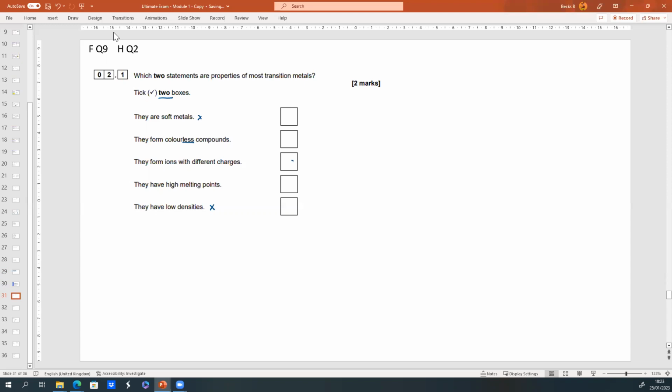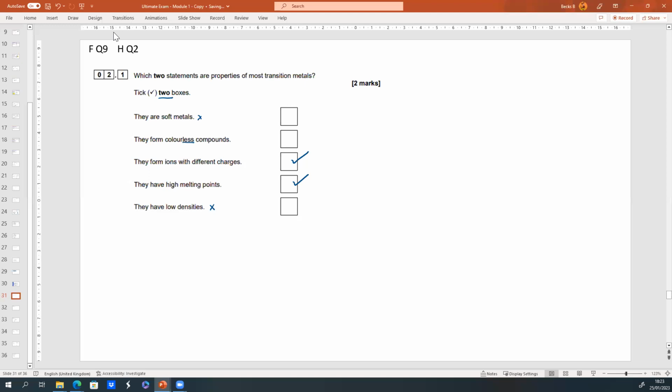So they do form ions with different charges because they've got a different number of electrons in their outside shell. Group 1 have got 1 electron in their outside shell, so they will always become +1 ions because they can lose that electron. Whereas because these have got lots of different electrons, they might lose 1 electron and become +1, they might lose 2 and become +2, etc. And they have high melting points because in comparison to the group 1, they're much stronger, much sturdier.